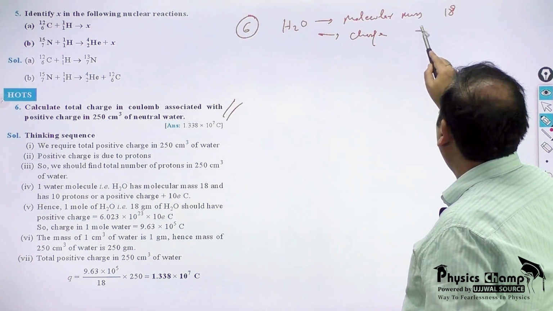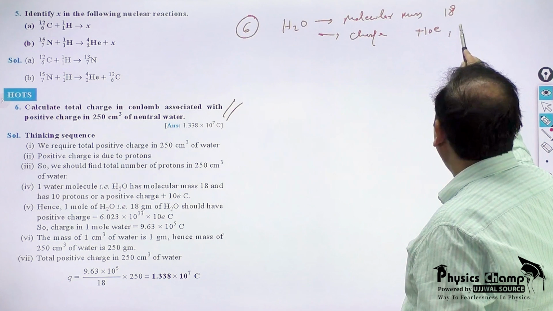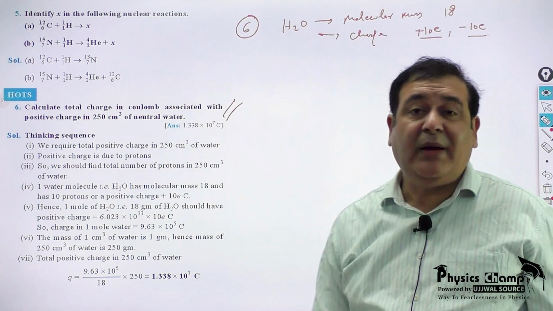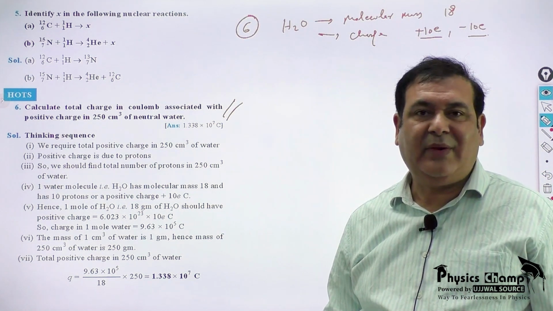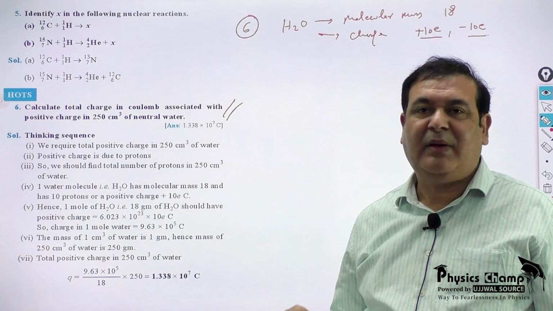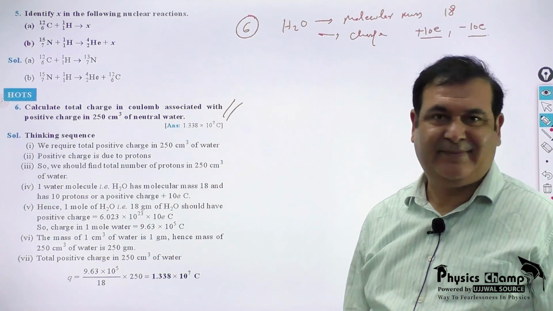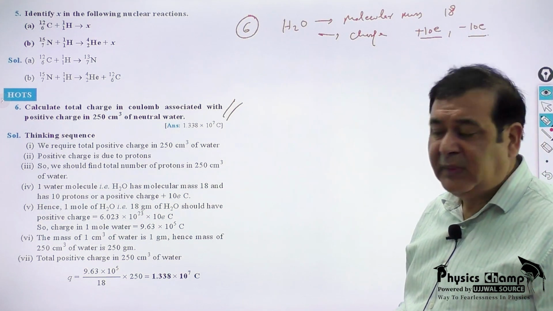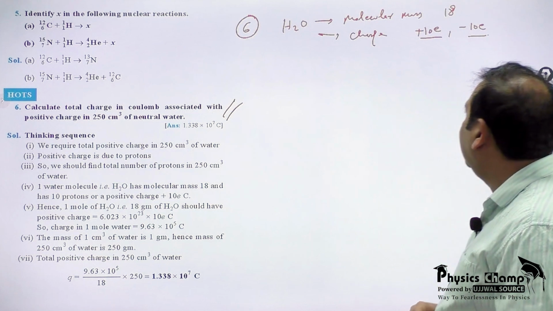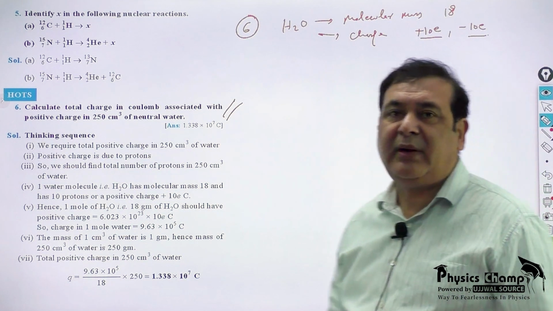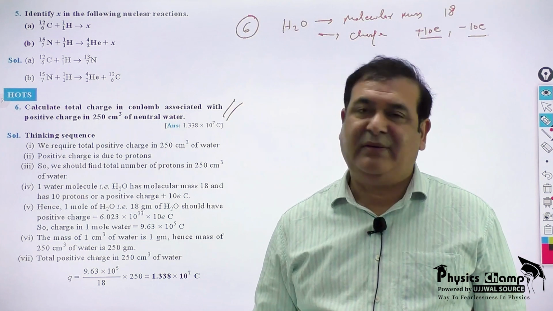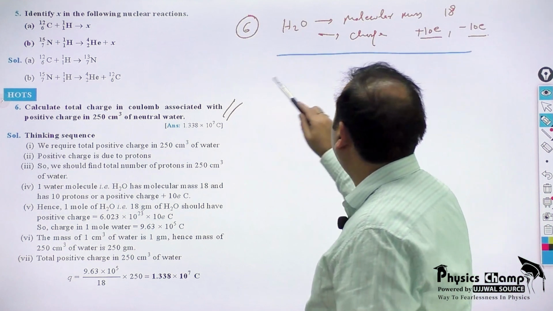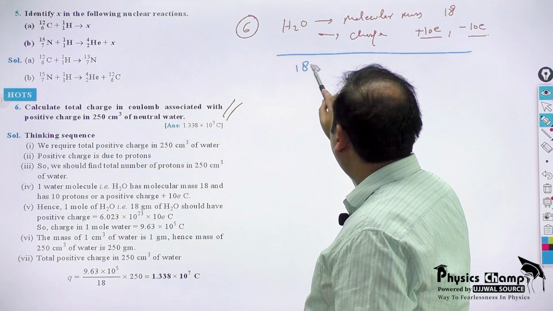It will be plus 10e as well as minus 10e, positive and negative charge, contained by every molecule of water, 1H1 plus 1H1 plus 8O16.